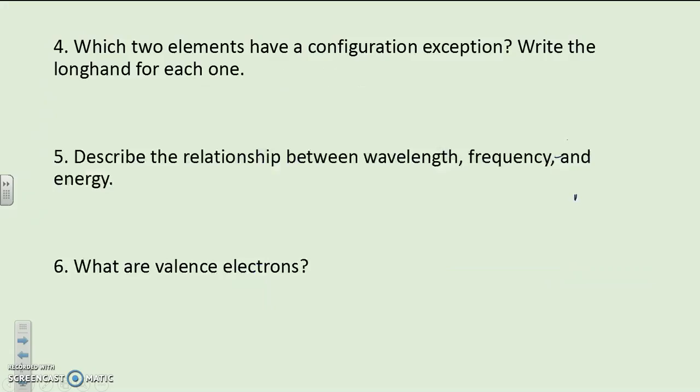Okay, now you can go to the next slide. Which two elements have a configuration exception? Which are the two that I told you to remember? That would be copper and chromium. Copper would be 1s2, 2s2, 2p6, 3s2, 3p6, 4s1, 3d10.